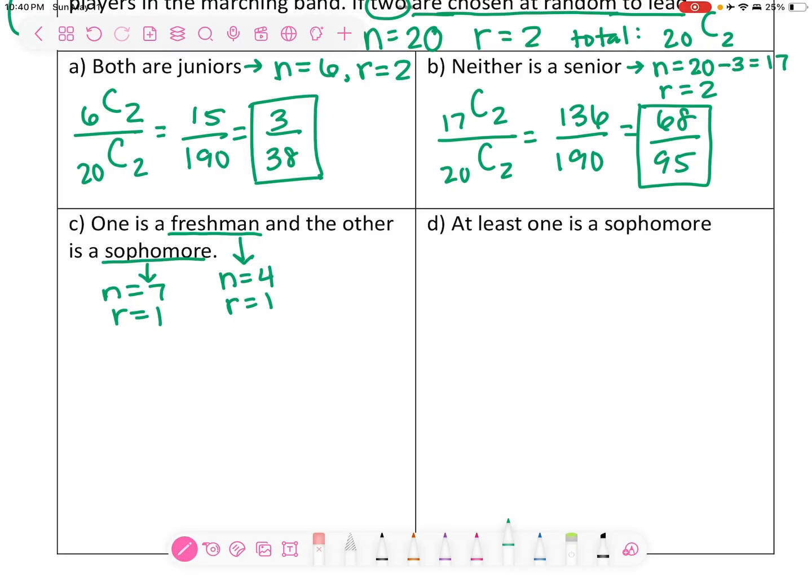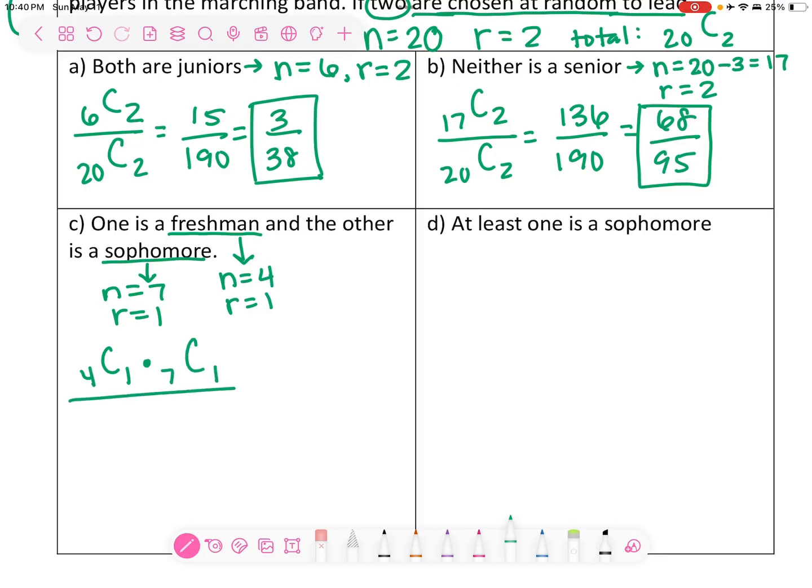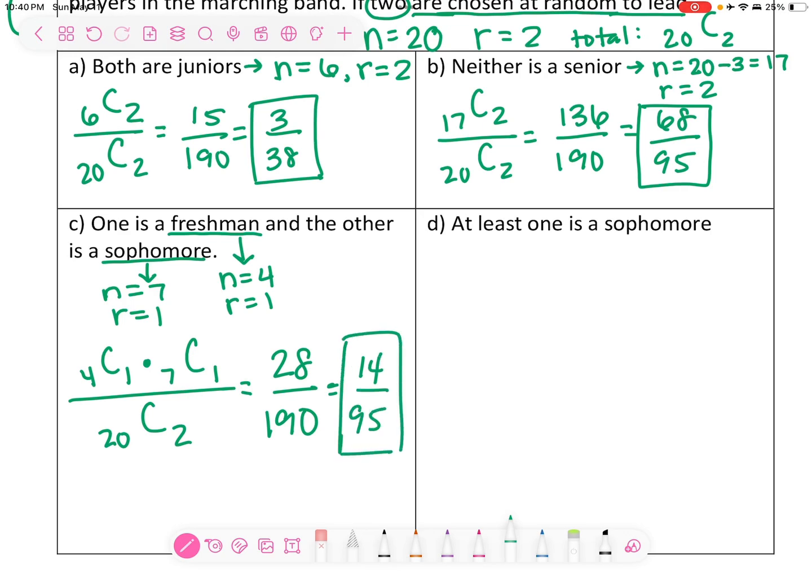So we can do the freshman, which is 4 combination 1, and then multiply that times the sophomores, which is 7 combination 1, and then over the total, which is still 20 combination 2. If we do all of that in the calculator, we do get 28 over 190, and simplify that to 14 over 95. Perfect.